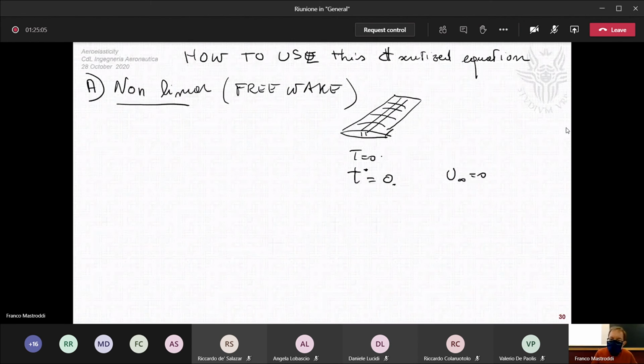In t equal to 0 plus, so you have a step, you have u infinite not equal to 0. So you have a sudden start. Okay?